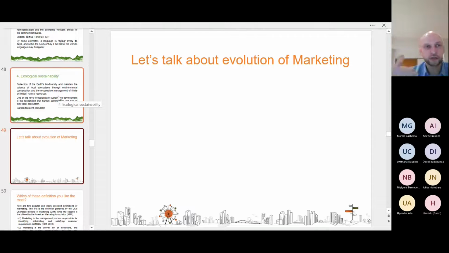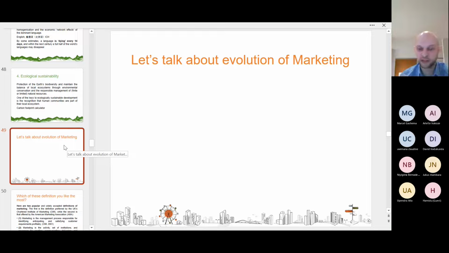Then we shifted to the definition of sustainable tourism, which took the best efforts for improving the world from the sustainable development definition and strengthened it with the 4 sustainabilities, like environmental, social, cultural, and ecological. And now it's time to continue with the evolution of marketing.